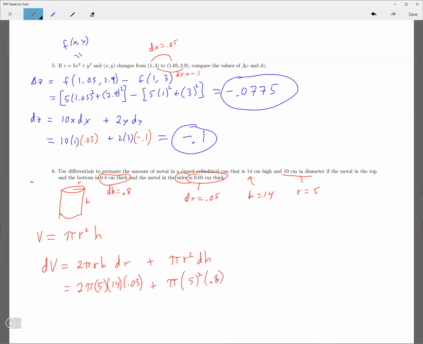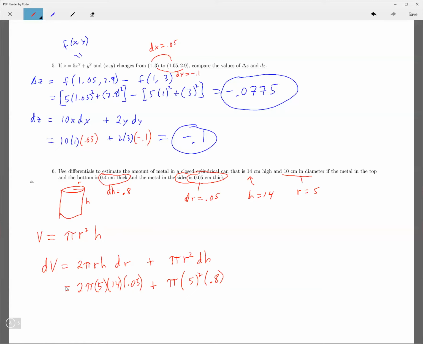You times it by 2 because there's a top and a bottom. So you're looking at the two volumes, the outside of the can versus the inside of the can, and you have to subtract double that. Whereas with the radius, you're only going a dr of 0.05. So this is 0.8 here. I think I got the numbers right.